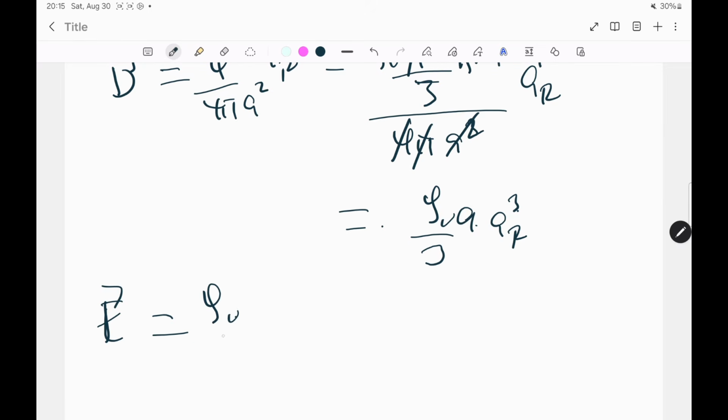So volume charge density times A over 3 epsilon naught.